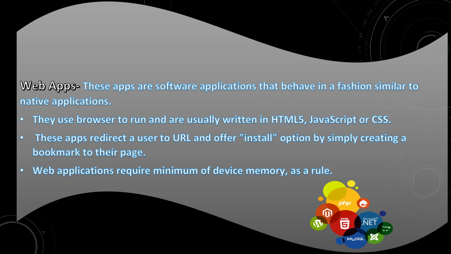Web applications will require a minimum of device memory as a rule. Such applications store all personal information on a server, so the user can get access from any device whenever there is an internet connection and use the facilities.